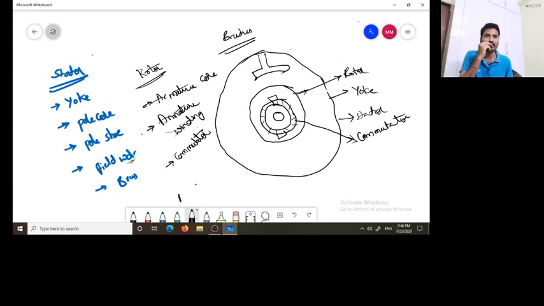The commutator is a rotating part, but brushes are stationary. Why? Because in order to collect the current from the commutator segments, we need brushes.